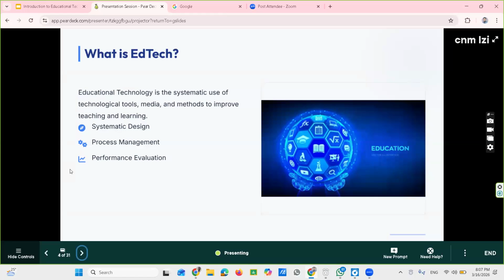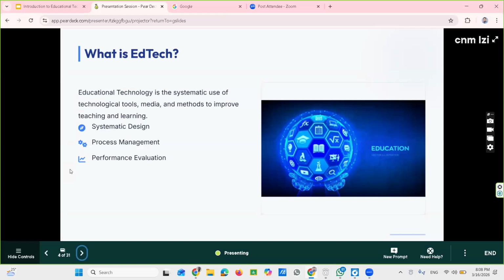Right? Here there are three main things they point out: systematic design, then process management, and performance evaluation. All of these things are included in educational technology. Especially remember that educational technology is a systematic design or systematic process.